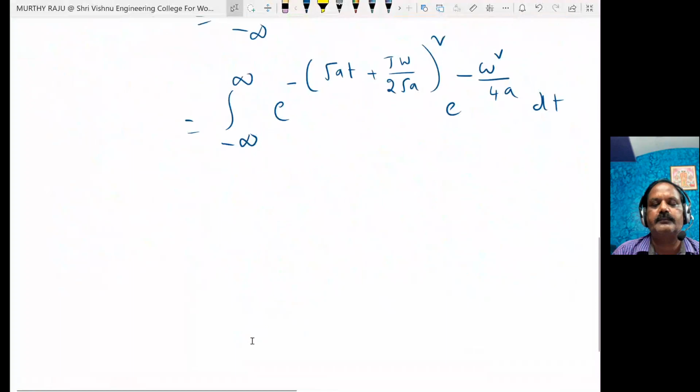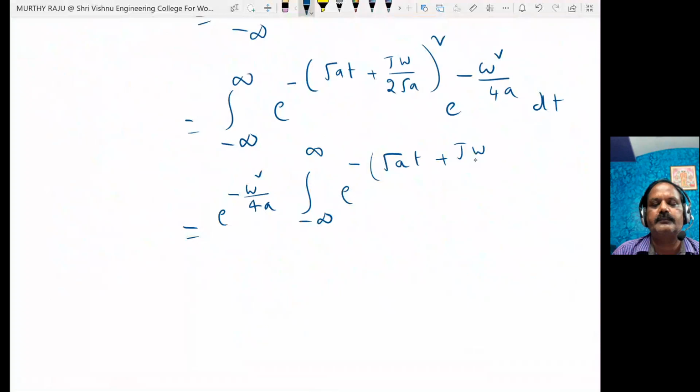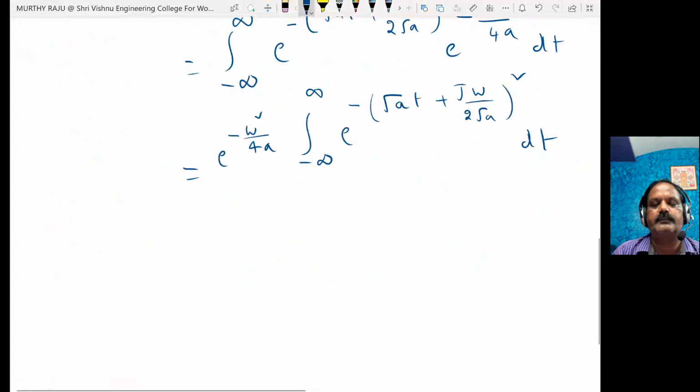That is equal to e power minus omega square by 4a integral from minus infinity to plus infinity e power minus bracket root a t plus j omega by 2 root a whole square dt. Let root a t plus j omega by 2 root a be q.